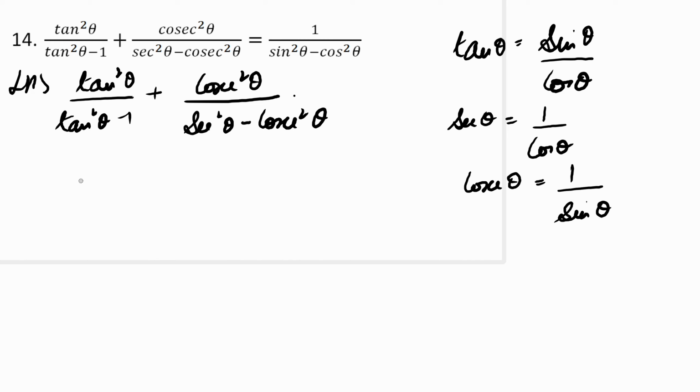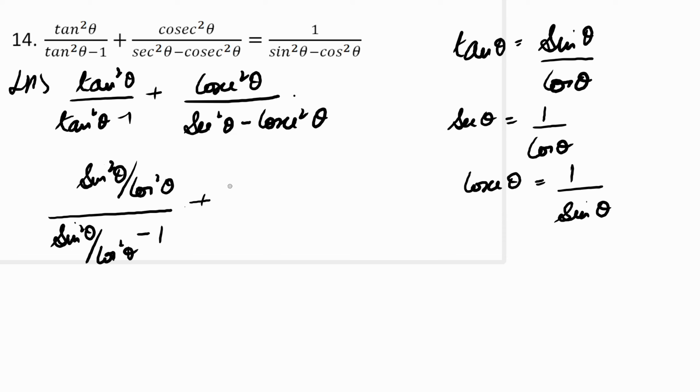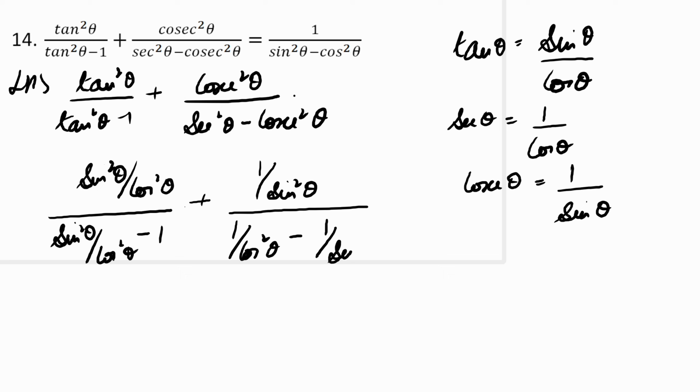Tan square theta will become sin square theta upon cos square theta, and again sin square theta upon cos square theta minus 1. Cosec square theta will become 1 upon sin square theta, and sec square theta will become 1 upon cos square theta minus 1 upon sin square theta.